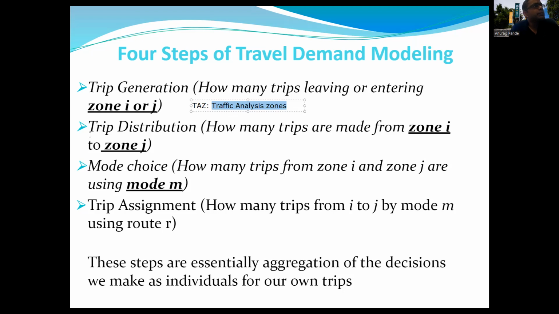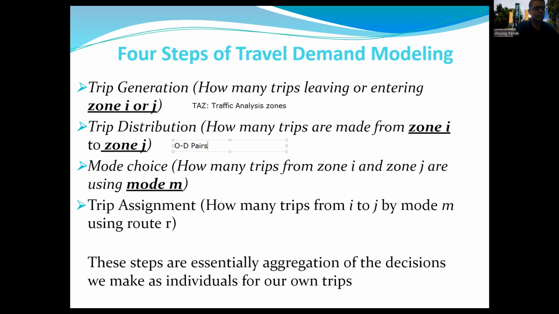Now, when we go to trip distribution, we're trying to estimate, let's say there are 1,000 trips coming to a certain zone, where those trips are coming from. Which zones are they coming from? So now in the trip distribution step, we are coming up with what we call the OD pairs.